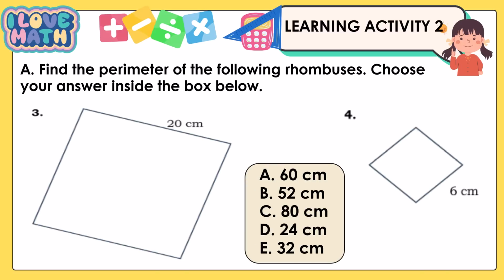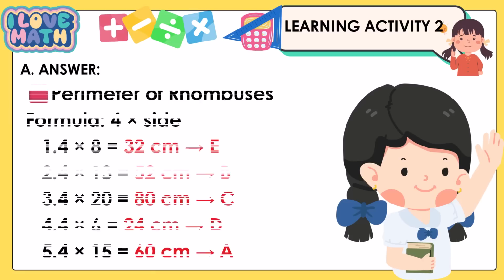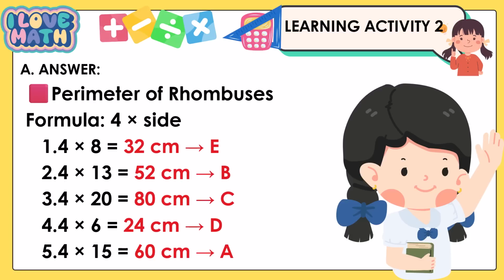Here's numbers 3 and 4. And here's number 5. Answer, perimeter of rhombuses, formula 4 times side.